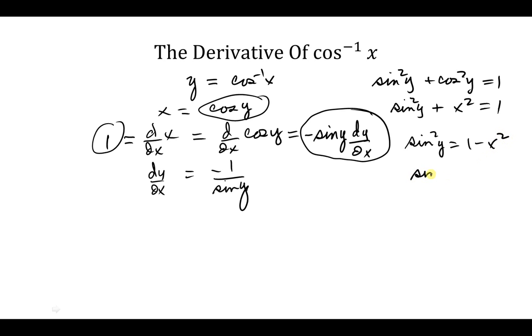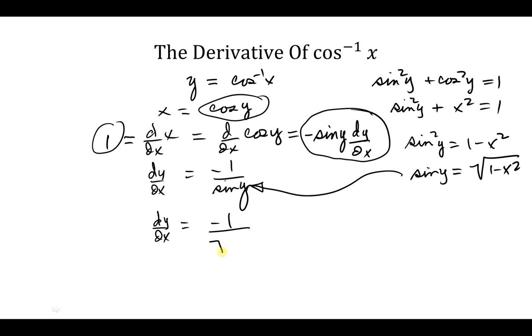So sine of y equals the square root of 1 minus x squared. We can plug that into this equation and get dy/dx is minus 1 over the square root of 1 minus x squared. So our result here is that d/dx of the inverse cosine function of x equals minus 1 divided by the square root of 1 minus x squared.